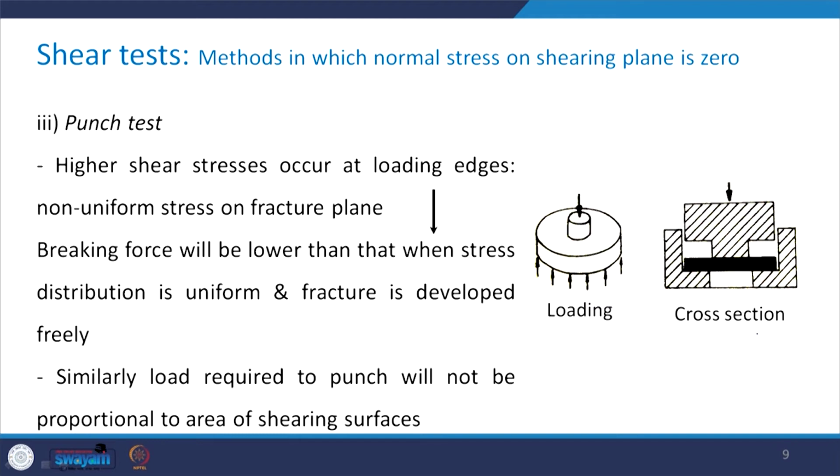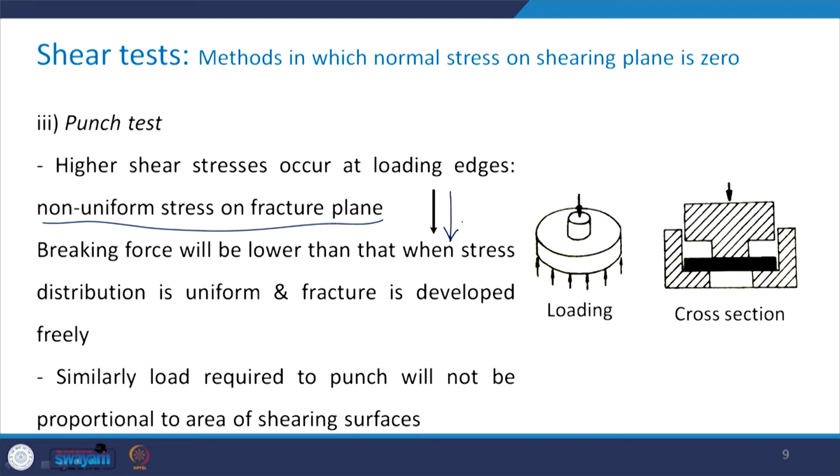High shear stresses occur at the loading edges, and what they do is they cause non-uniform stress on the fracture plane. And because of this, the breaking force becomes much lower than what exactly it is if this would have been the uniform stress distribution and fracture would have developed freely.